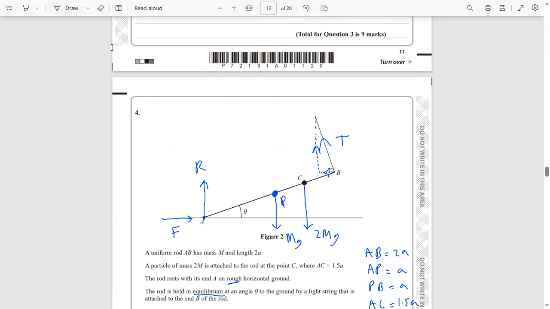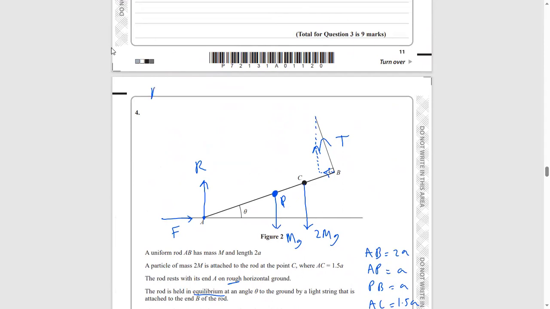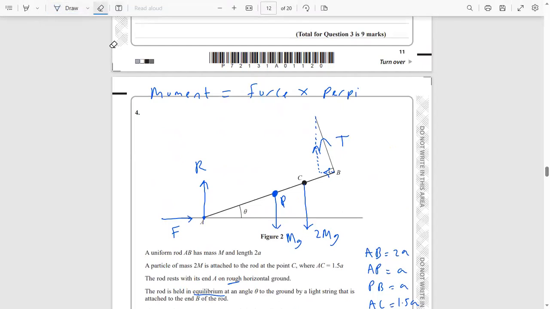And the reason why, again, is because remember our formula for moments. Moment equals force times perpendicular distance. So that's the formula we need to know. Sorry, I spelled perpendicular wrong.